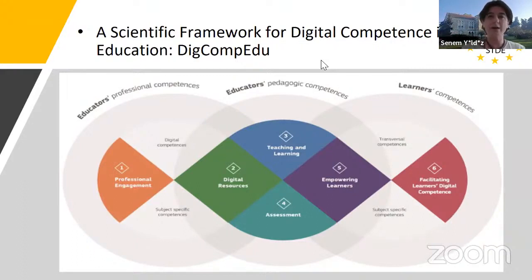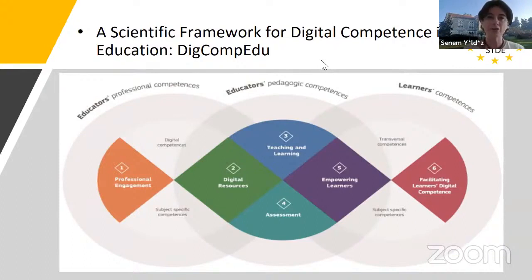The reason we emphasize this framework is because it is the starting point for our project and for our guidebook. This is the framework that we used for the whole teacher training programs, the guidebook, and everything.